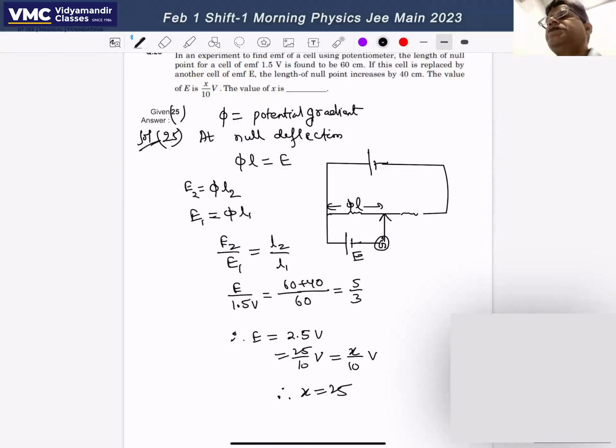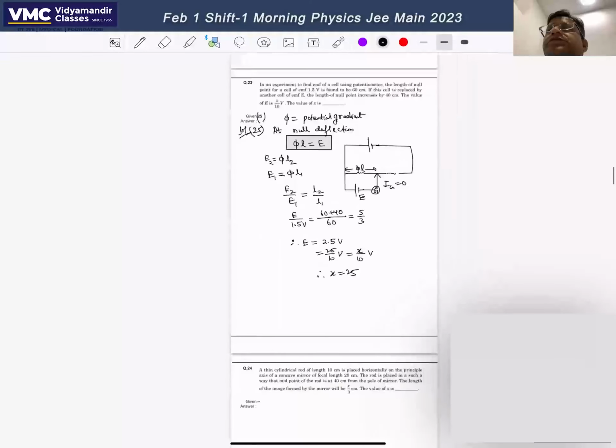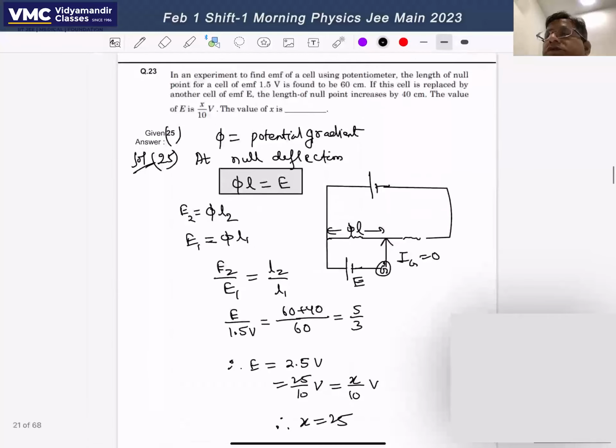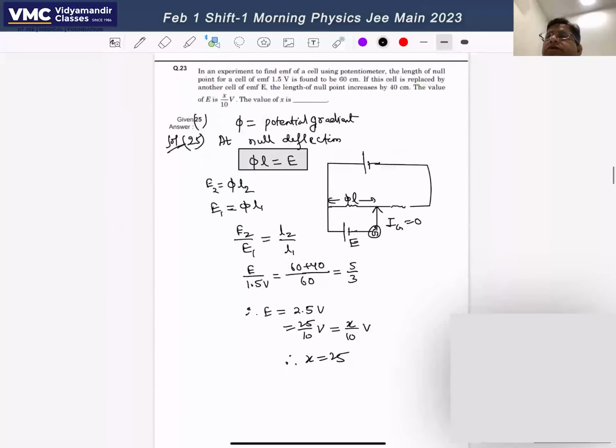So for null deflection, Ig is 0 and phi L equals E. So this is the condition for null deflection. Phi L equals E. So for question number 23, the answer is 25.